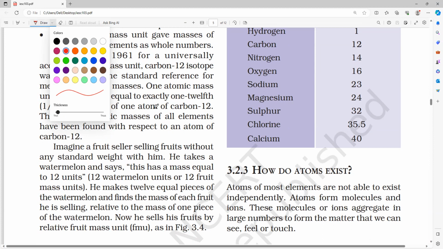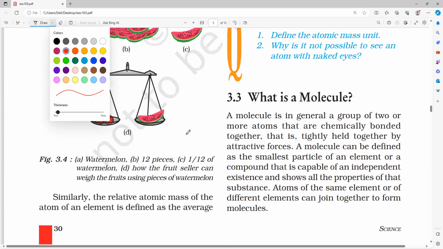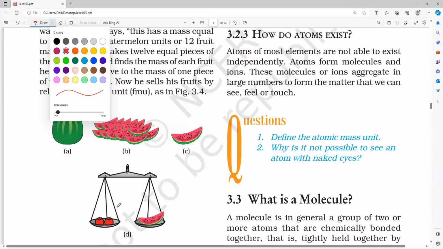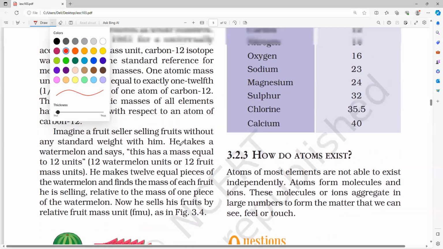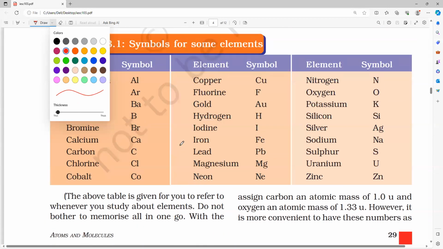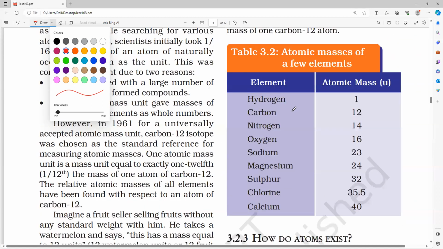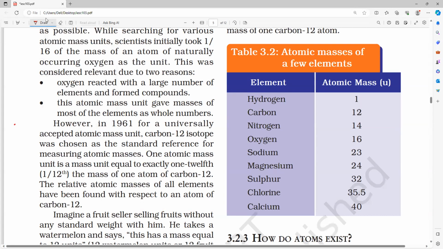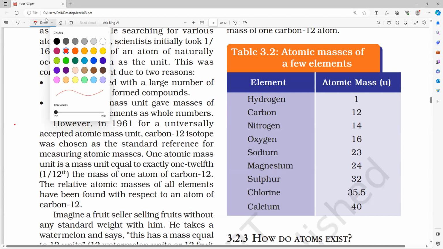In the book there is a different order and I'm teaching in a different order. So this is the concept, like the watermelon concept. We will use it for the measurement of atomic mass. I will teach you. Now just observe the atomic mass. Remember, if you go to market, mass we used to measure in what, everybody? Kilogram. Am I right or wrong?